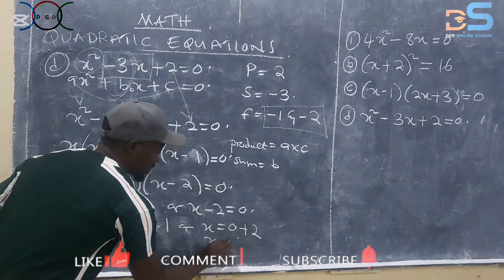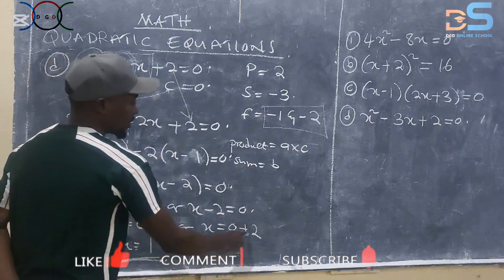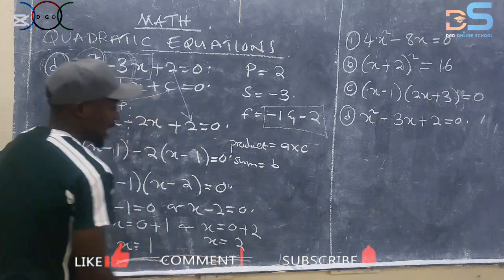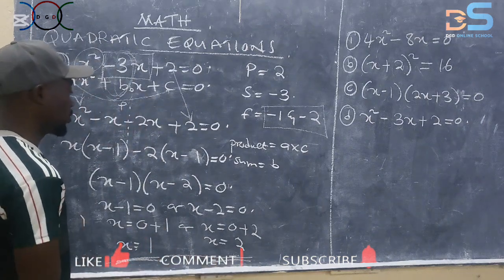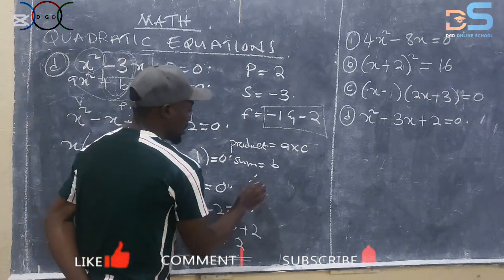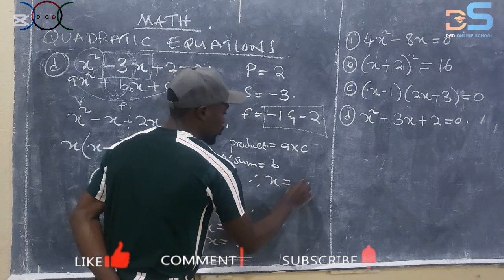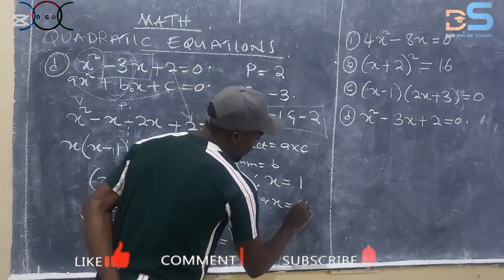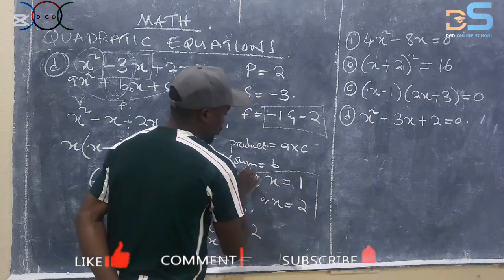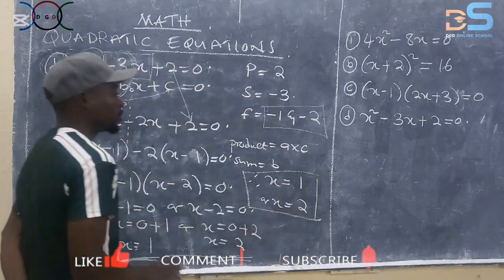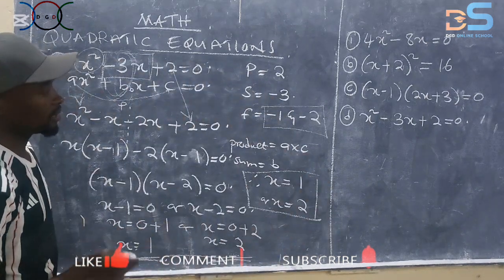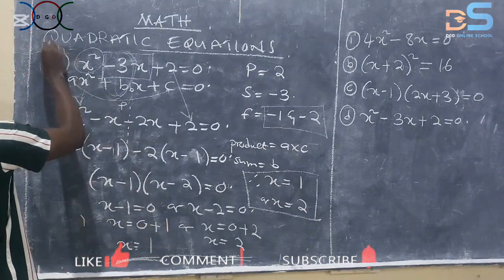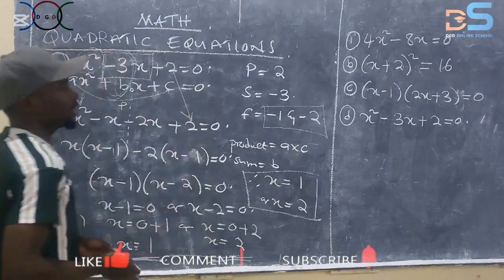So x equals 0 plus 2, we get positive 2 as our second value. So there we can conclude by saying, therefore, x will be equivalent to positive 1, or x will be equivalent to positive 2. So these are our 2 values for x. So basically, this is how we solve different types of quadratic equations.